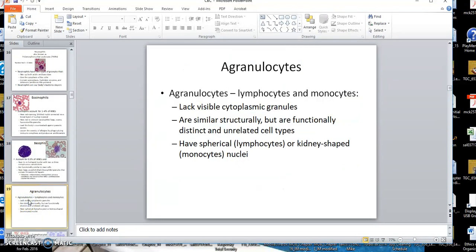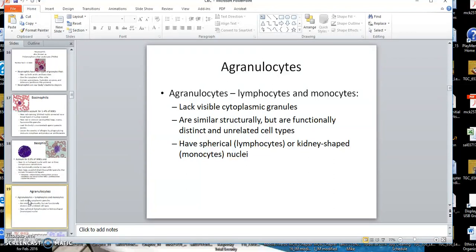The agranulocytes include the lymphocytes and the monocytes. There are different kinds of lymphocytes. The three major types of lymphocytes are T cells, B cells, and natural killer cells. The T lymphocytes do what we call cell-mediated immunity. Cell-mediated immunity involves taking out whole cells.